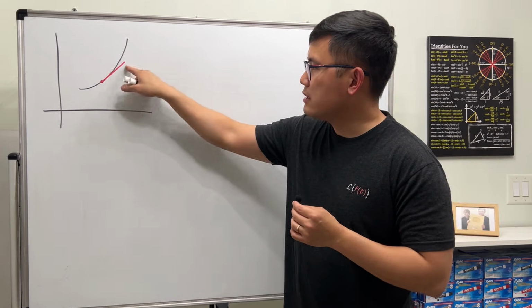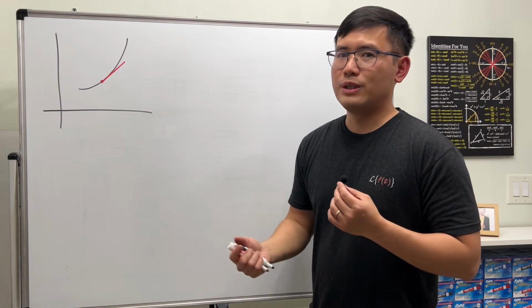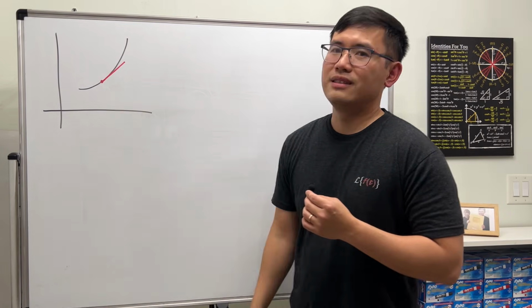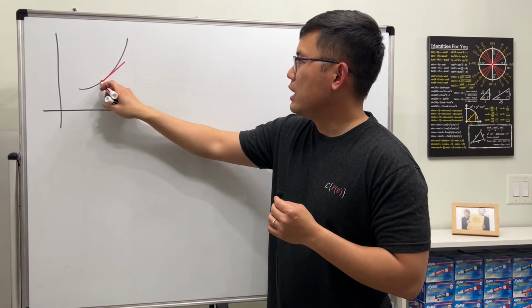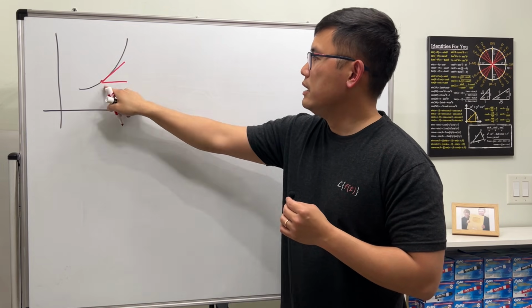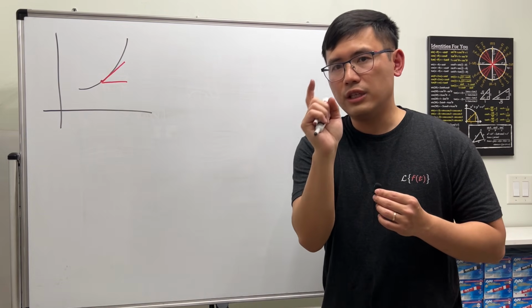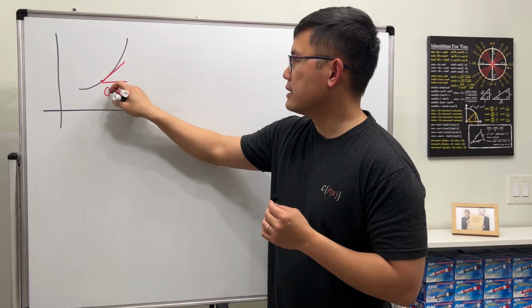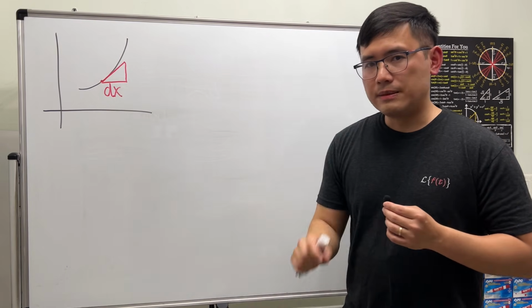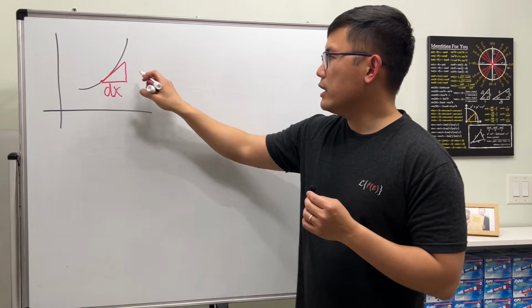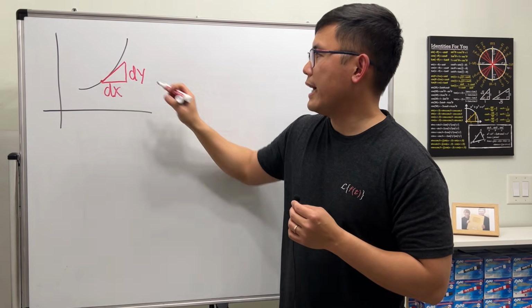But how can we find this length though? How do we label that? This time it's slanted. Well, don't worry. Because if you have a tangent segment, if you go horizontally, this right here is the small change in the x. So we can label that as dx. And then if you go from here to here, that's a small change in the y. So we can label that as dy.